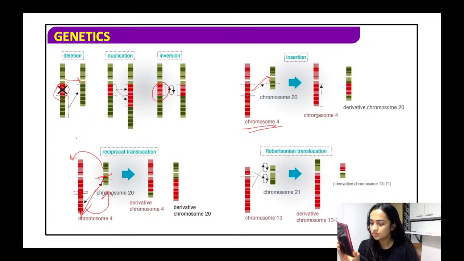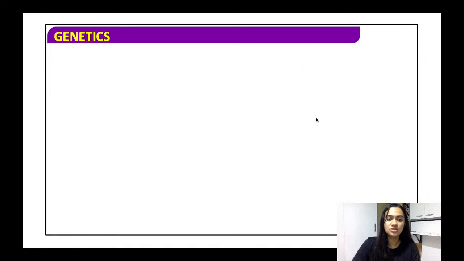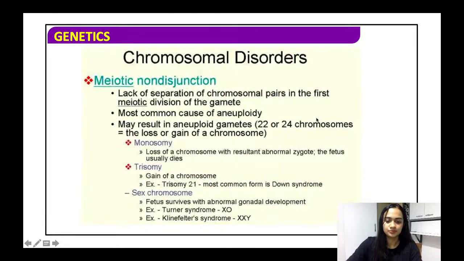ट्राइसोमी में 21st क्रोमोसोम का डिसऑर्डर है ना, ट्राइसोमी में जैसे कि मैंने बताया होता है डाउन सिंड्रोम। Now, meiotic non-disjunction: lack of separation of chromosomal pairs in the first meiotic division of the gamete। तो जब भी फर्स्ट meiotic division के बाद क्रोमोसोम सेपरेट नहीं हो पाते, ठीक है?